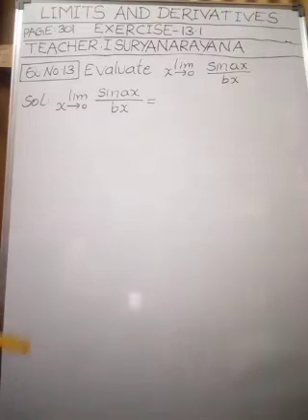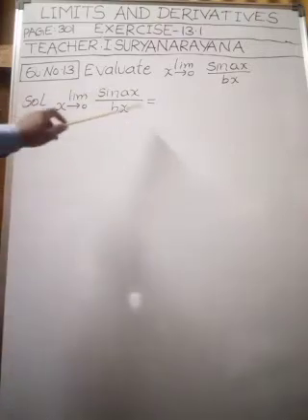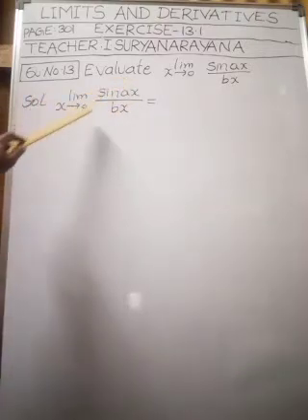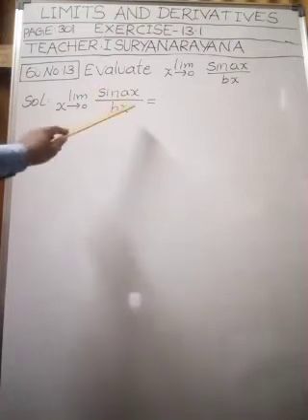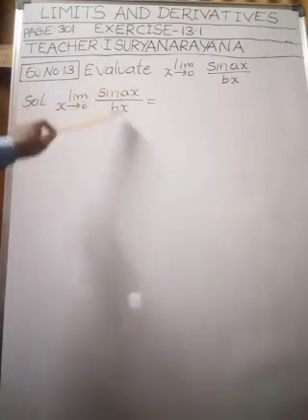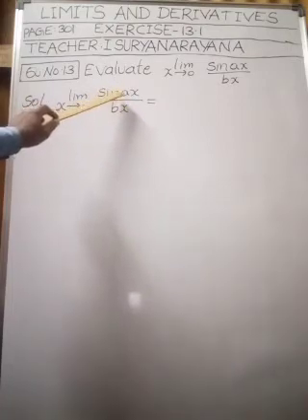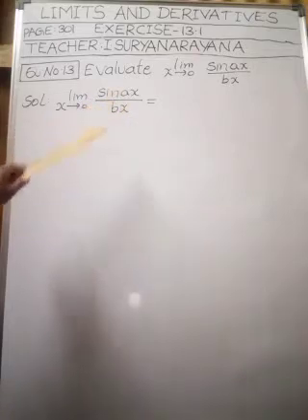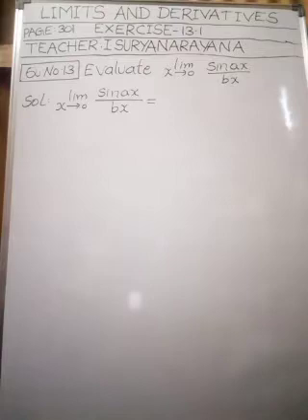If you substitute x equal to 0, if you follow the substitution method, we get the limit in the form 0 by 0, that is indeterminate form. We should not leave the limit of the function in an indeterminate form. That is why we follow some other method.